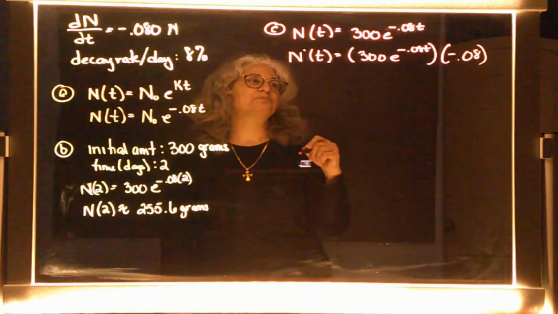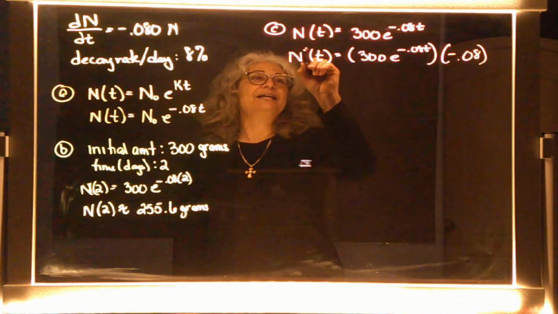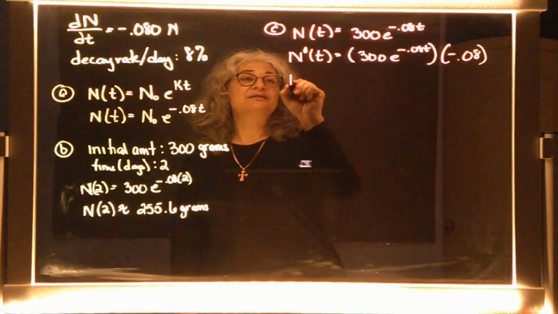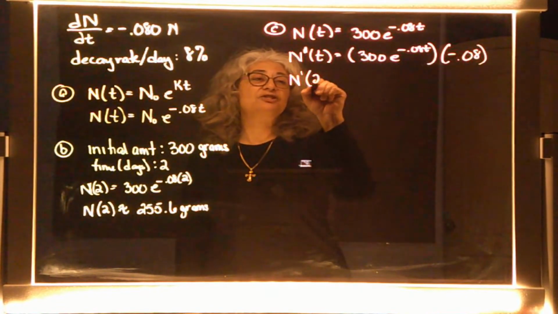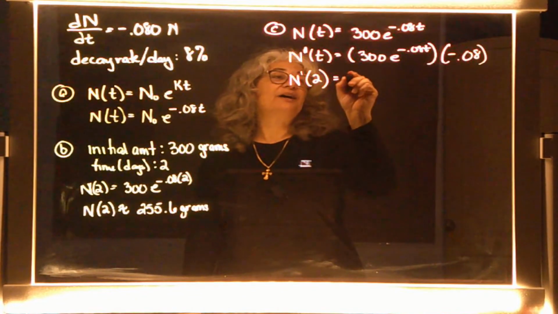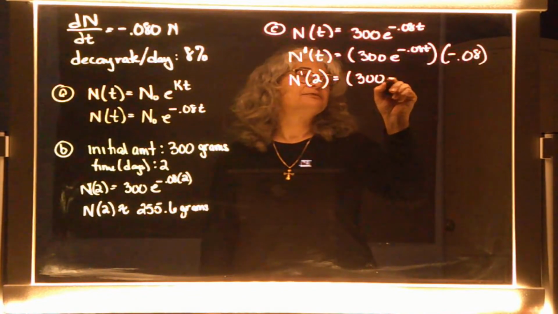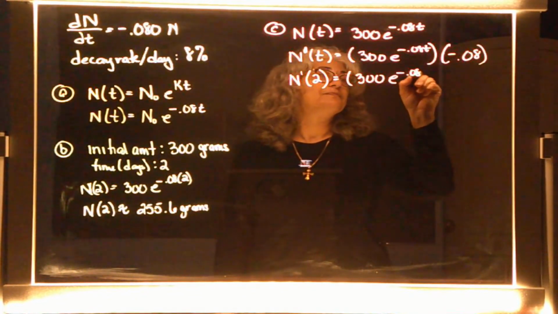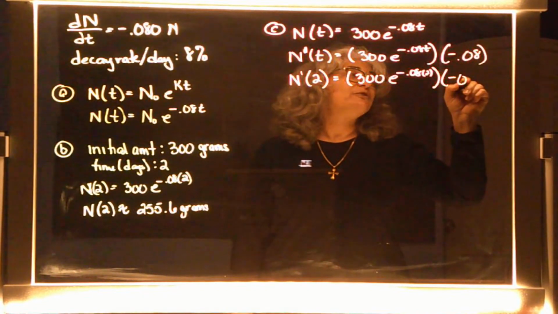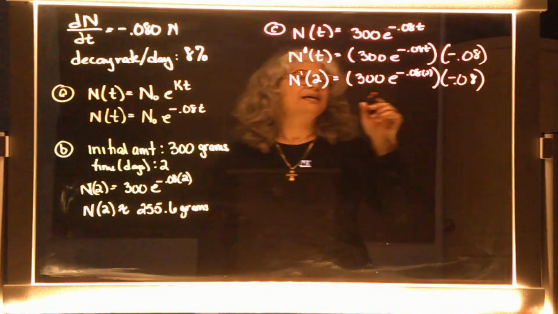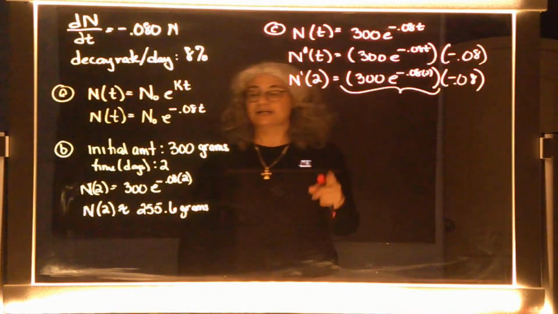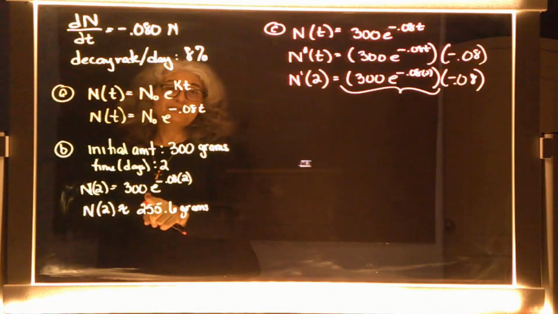Correct? Okay. And if I want the rate of change after 2 days, that means I am looking for the rate of change at time is 2. Correct? So if I plug this in, isn't this first parenthesis, isn't this parenthesis right here just the exact same thing there?